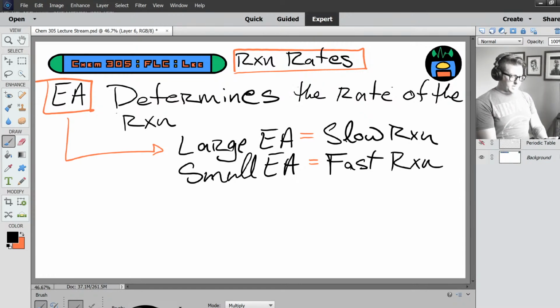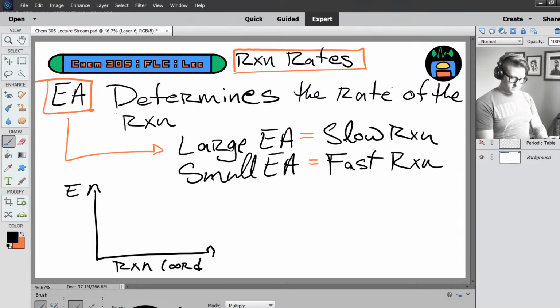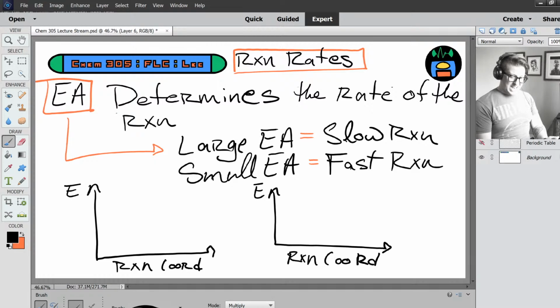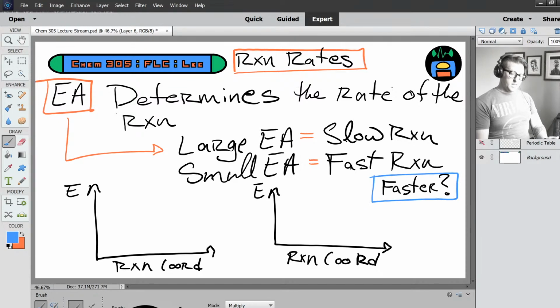So if you were given two reaction coordinate diagrams, and you were asked which is faster, and you looked at them, they both have reactants and products that are around the same energy level.